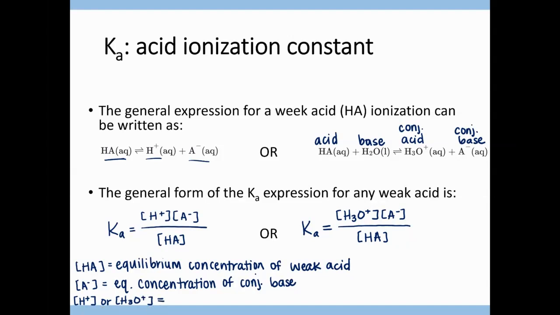And then the concentration of H plus or H3O plus is the equilibrium concentration of the conjugate acid, so the hydrogen ion or the hydronium ion.